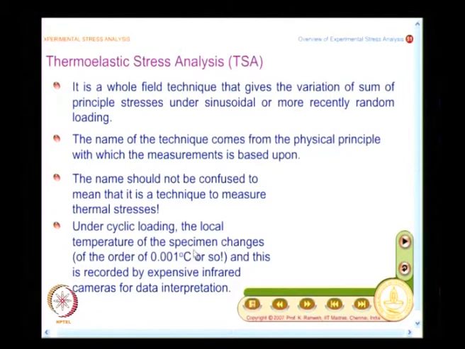this change is very small, you cannot go and touch and feel it. It is of the order of 0.001 degrees centigrade or so. It is a very small measurement from a temperature point of view, and this is recorded by expensive infrared cameras for data interpretation.